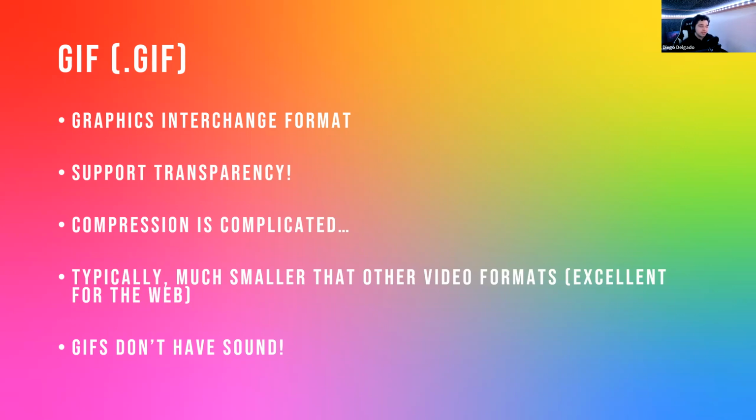Compressing with GIFs is complicated because while you may not lose image data, you might lose other factors of the video. So let's say you have a series of still images, you turn that into a GIF, you're not going to have any kind of loss of data really.